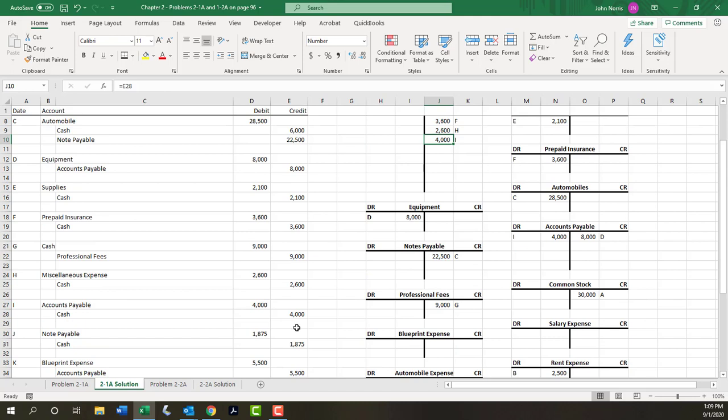J is the installment payment on the note payable, and cash.